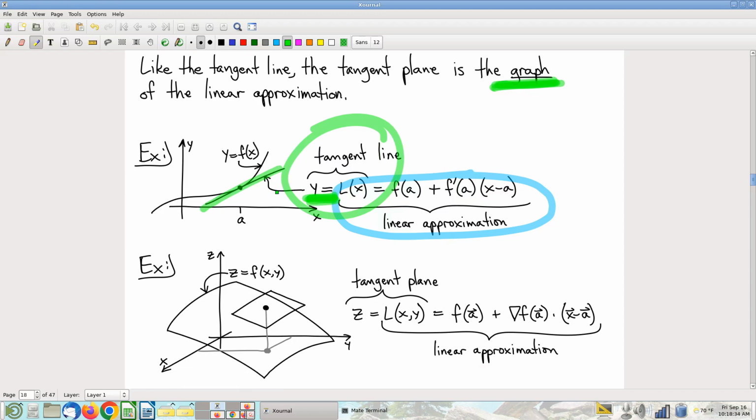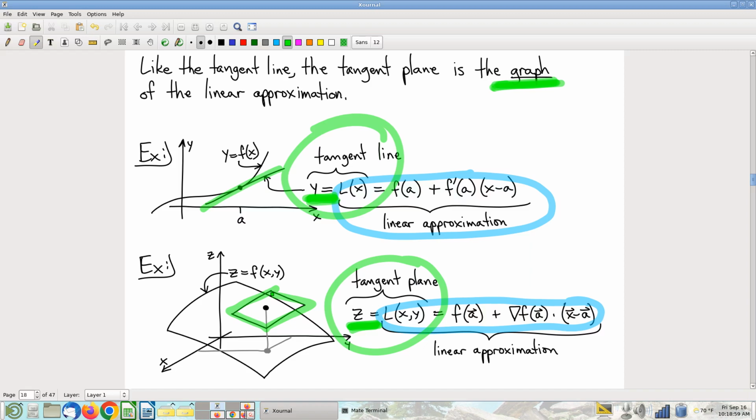Likewise, here's our linear approximation for a multivariable function. The graph of that linear approximation is no longer a line, now it's a plane, a tangent plane to the graph of the original function. This is where we ended last time. I hope that all looks familiar. Does everybody remember all this stuff?